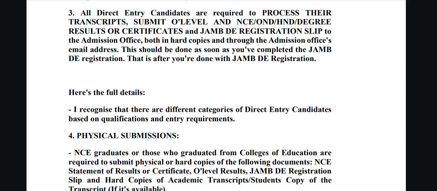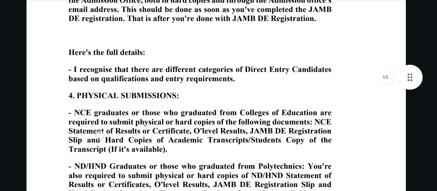I'm going to get to the point where I'll be explaining everything pertaining to that. But some people may not have access to their transcript. Some may not need to process their transcript. Some only need to submit their documents, and so on. So you have to listen attentively when I get to the point that concerns you, or that talks about your previous institution or the type of qualification you are holding.